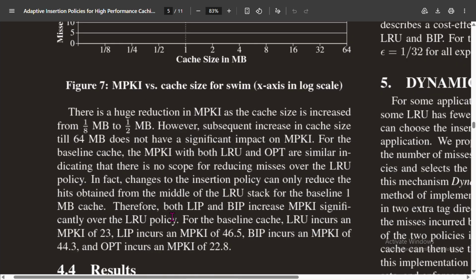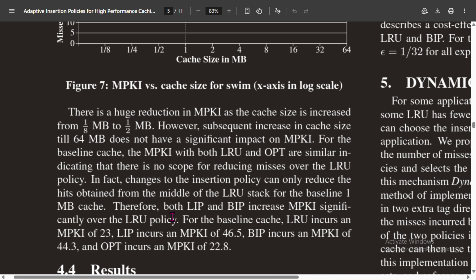For the baseline cache, the MPKI with both LRU and OPT are similar, indicating that there is no scope for reducing misses over the LRU policy. In fact, changes to the insertion policy can only reduce the hits obtained from the middle of the LRU stack for the baseline 1 MB cache.